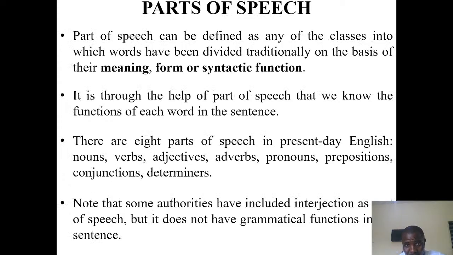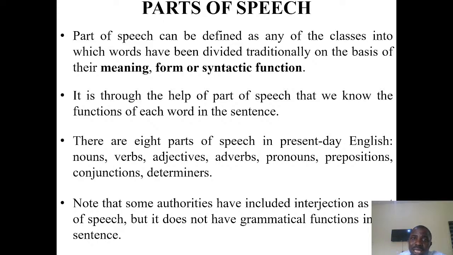Parts of speech, the definition now. Parts of speech can be defined as any of the classes into which words have been divided traditionally on the basis of their meaning, form, or syntactic functions.